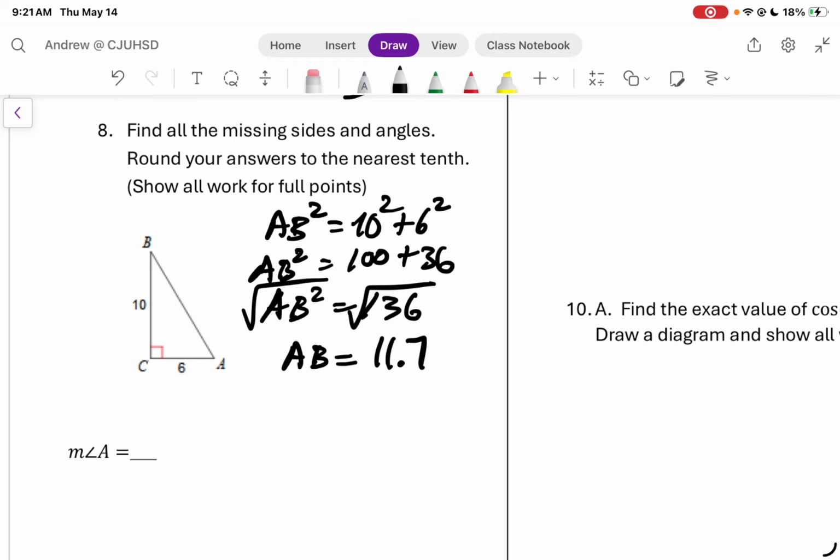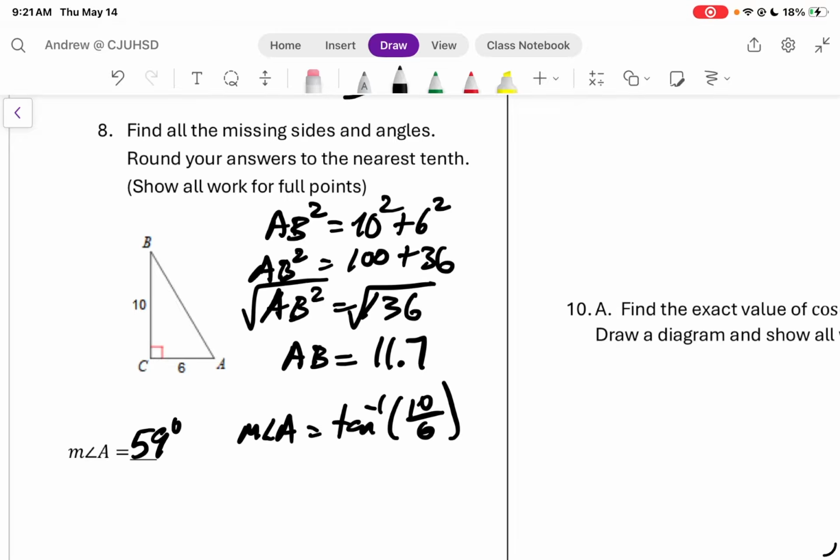Okay, now angle A. The measure of angle A is the inverse tangent of 10 over 6. Make sure your calculator is in degrees mode when you do this. Inverse tangent, 10 divided by 6. 59 degrees, 59.0.